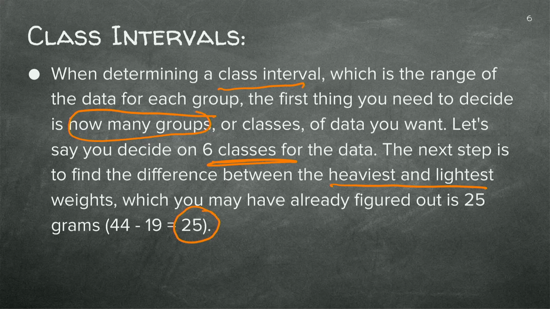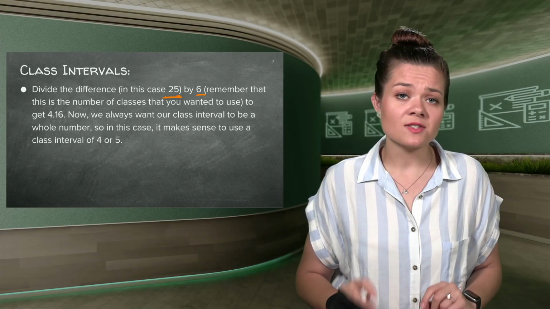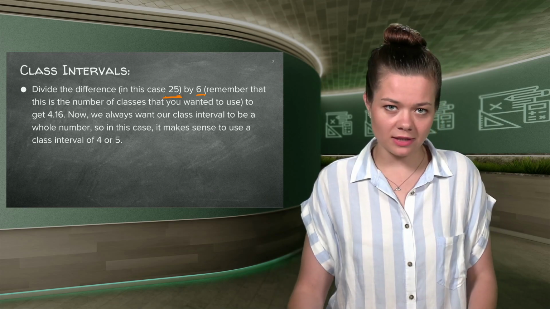Don't worry, in the next slide we are going to see why this is relevant. Now, divide the difference, 25, by 6. Why 6? Remember, this is the number of classes that you chose.